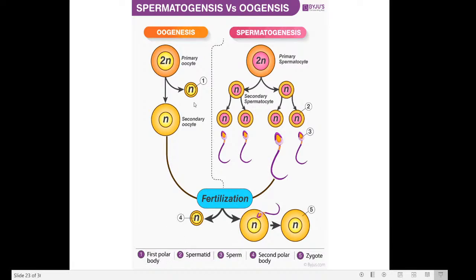The first is the first polar body, and the second is the secondary polar body. Then in spermatogenesis, there is a 2n cell divided into two, and those two again divide into two, allowing the sperm entry. Thus there are n number of possibilities.